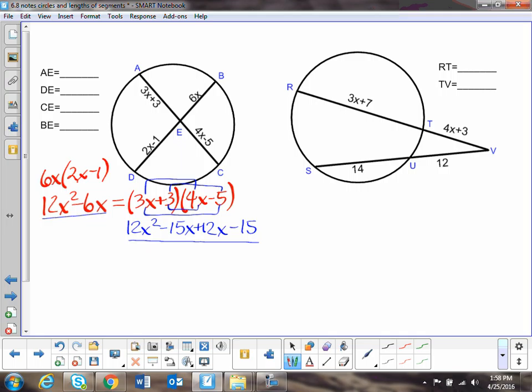It's 12x squared on both sides, which eliminates it from being a what type of problem? You can write down in your warm-ups: a quadratic equation. So you don't have to solve a quadratic equation now. It makes life easier. Right? So minus 12x squared. Whatever you do to one side, you do to the other, they cancel out.